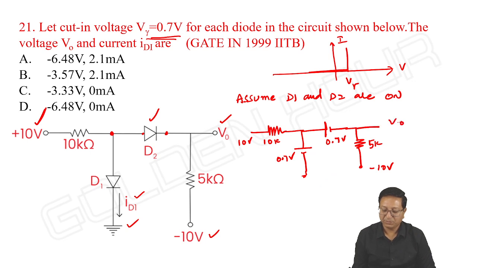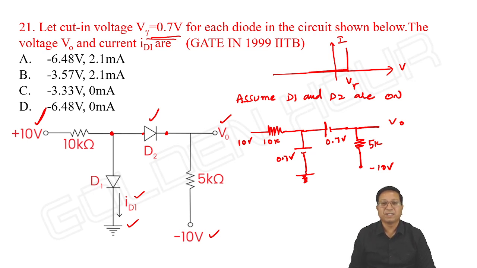This is V output. With this circuit, let us have a look at the currents ID1 and ID2. If both are positive, the assumption is correct, and then I can finalize V output.